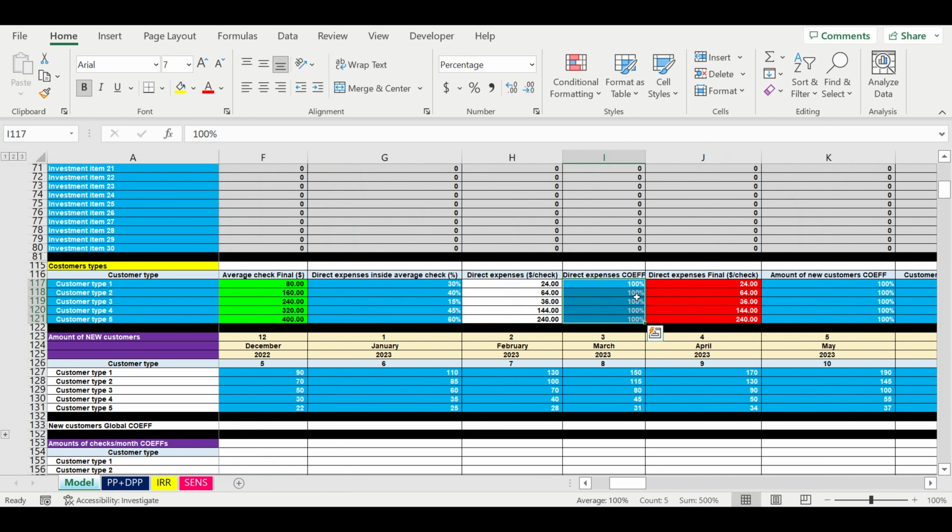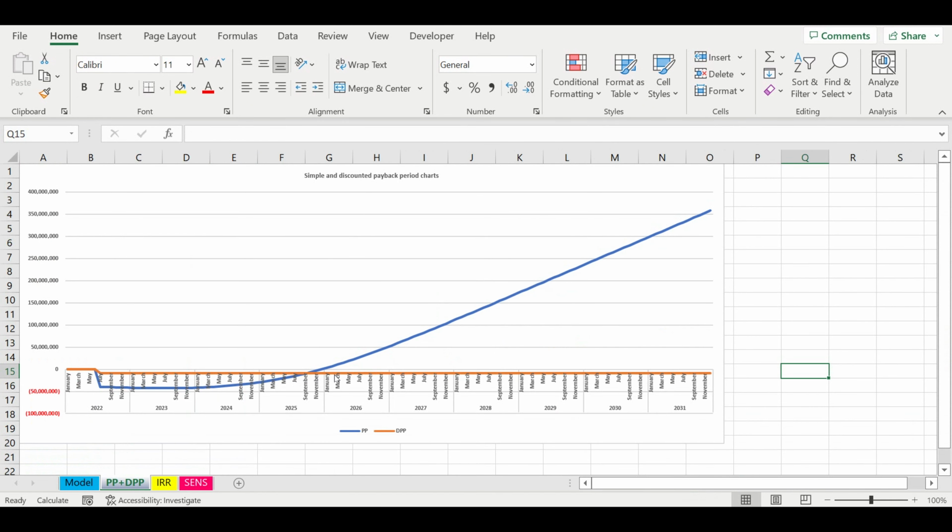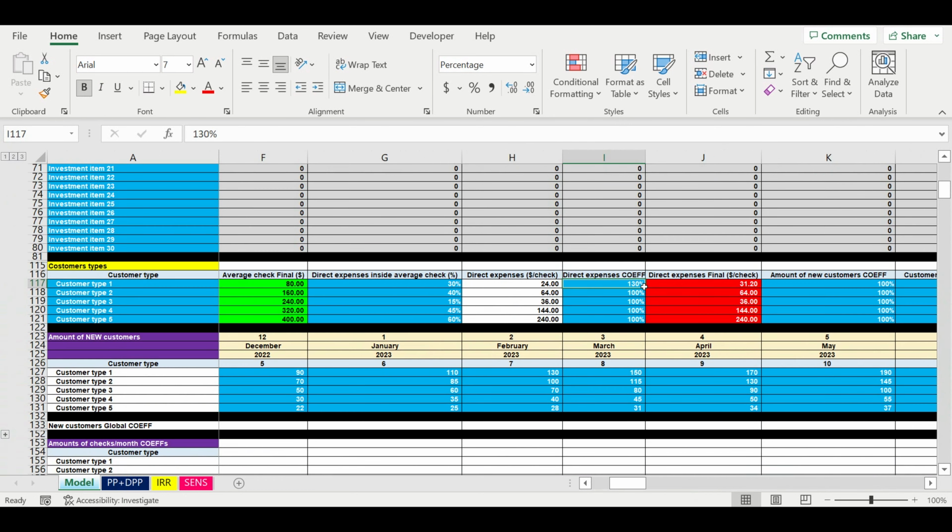So for example, if 30% of this average check is $24, and we increase the amount of direct expenses, for example by 30%, for customer number 1, this will be not $24 but $31. And we can quickly look at the simple and discounted payback period and see what will happen to the project.